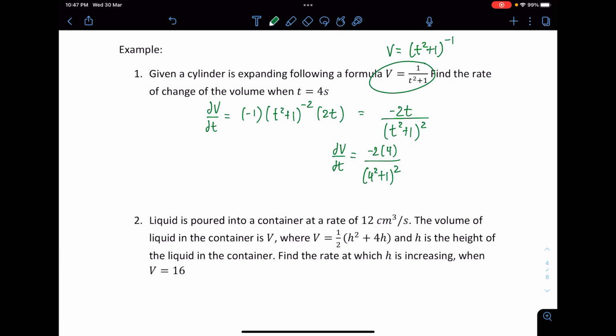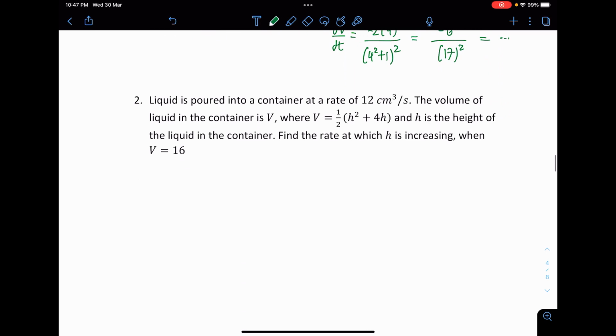Therefore, when you differentiate it, you get dV/dt immediately. And the question itself is asking you to find the rate of the volume, that is, dV/dt. Meaning it's quite instant. You just need to differentiate and then substitute the number. Then you just need to simplify this answer. Should be good enough.